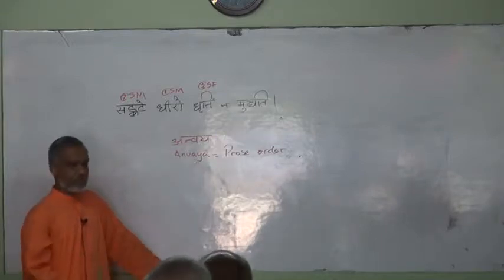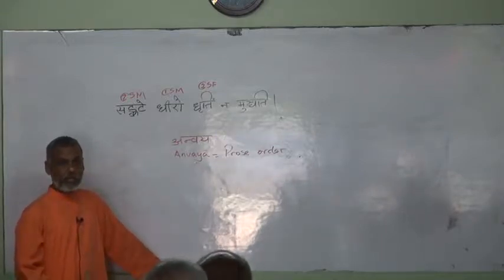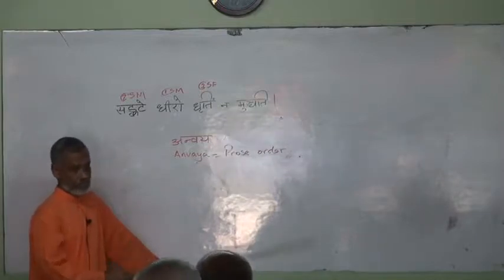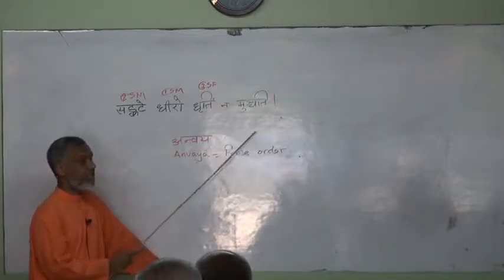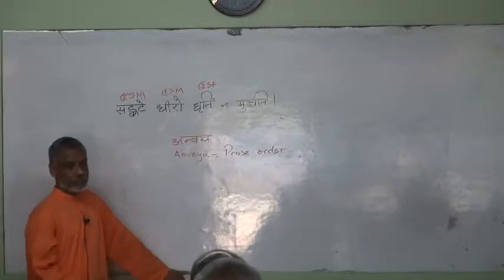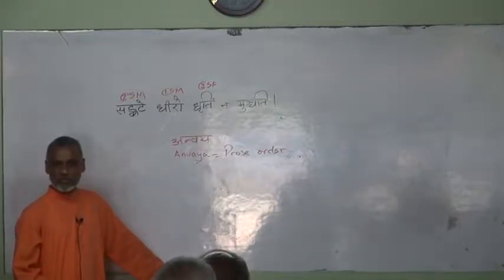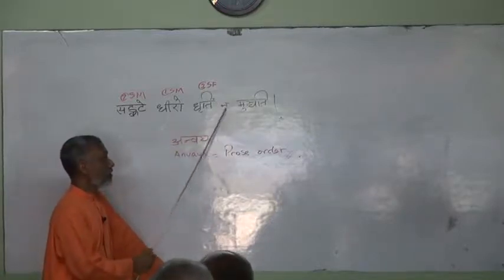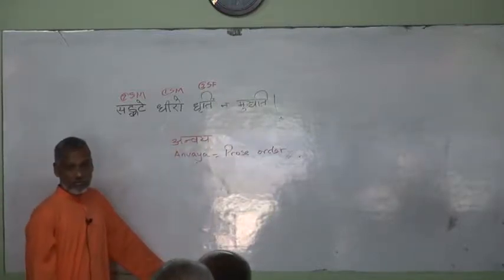So this is the prose order. Dhiraha munchati. Means the wise one drops. But then there is a negative in front there. Does not drop. The wise one does not drop.